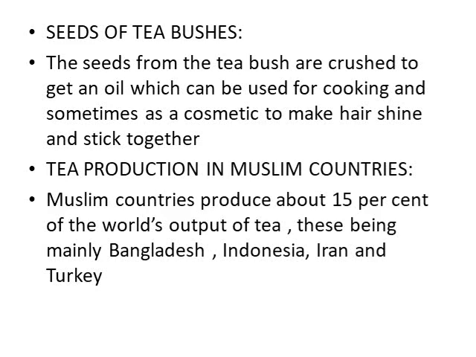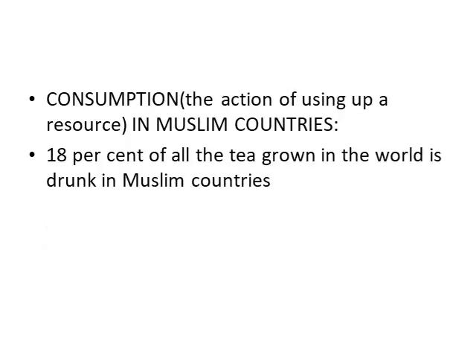Tea production in Muslim countries. Muslim countries produce about 15% of the world's output of tea, these being mainly Bangladesh, Indonesia, Iran, and Turkey. Consumption means the action of using up a resource.